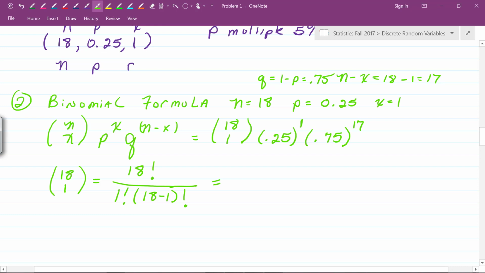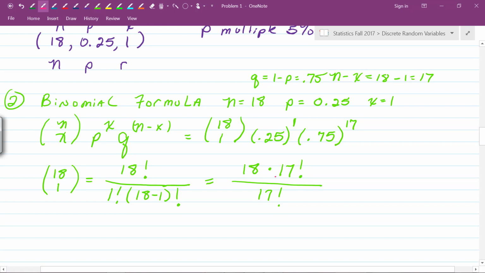So that is going to be equal to 18 times 17 factorial divided by 1 factorial, which is just 1, so we're going to leave that part, divided by 17 factorial. Well, now we have 17 factorial divided by 17 factorial, so those two factor out, so we are left with just 18.